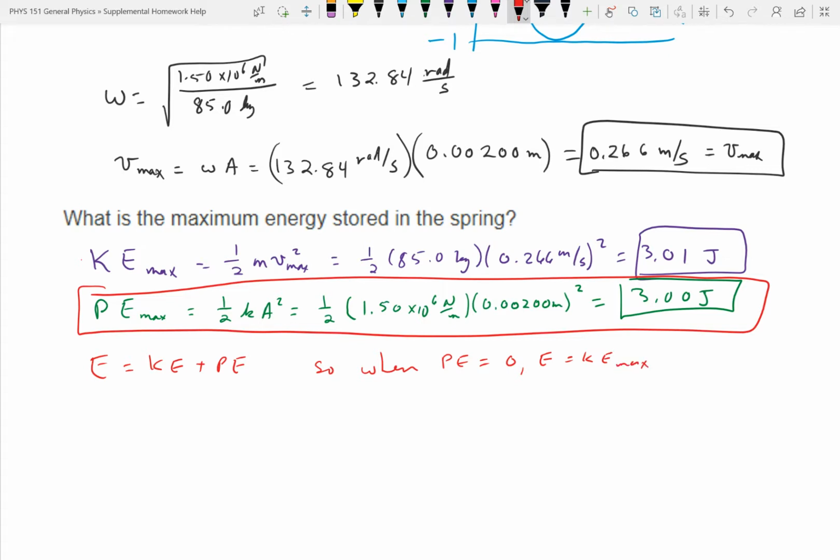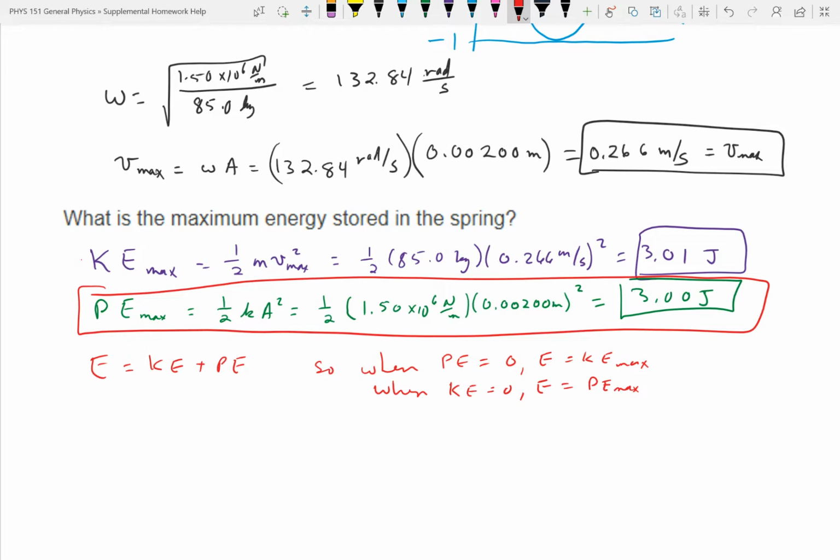And when kinetic energy equals 0, energy equals potential energy max. So the total energy is equal to both the maximum kinetic and the maximum potential. If we find the maximum kinetic, that should be the total, which should be the maximum potential.